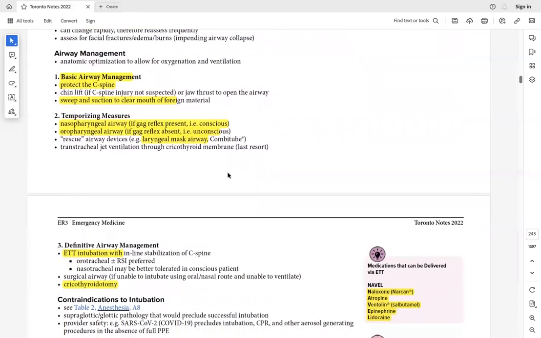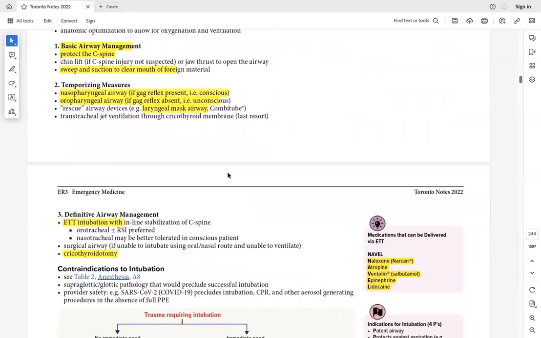After checking the airway, if the patient has some respiratory problem, he's not able to breathe properly, or we see that, okay, the airway is not patent, after the suction and sweeping of the airway, we have to put him on oxygen, okay? Then if he's conscious, we'll put him on a nasopharyngeal airway.